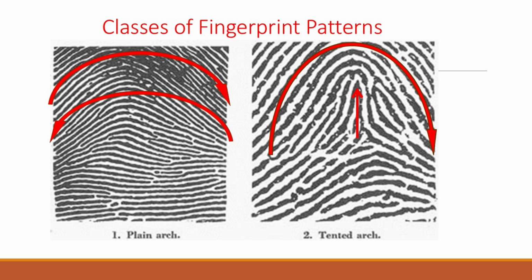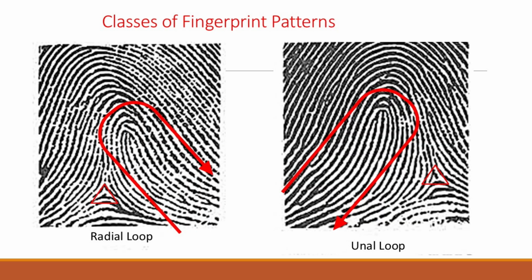So you may see any of your fingerprints that is a plain arch or tented arch, you should be able to identify it. Let's move further. Then another one is a loop, and we said that loop can be further classified into two: radial loop and ulnar loop.